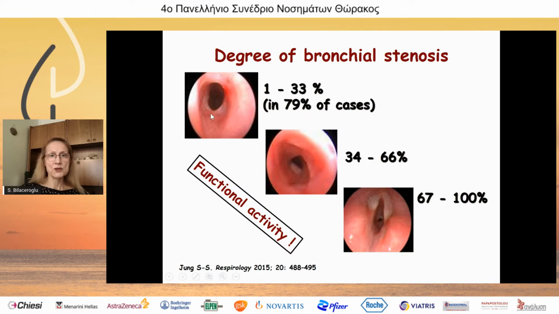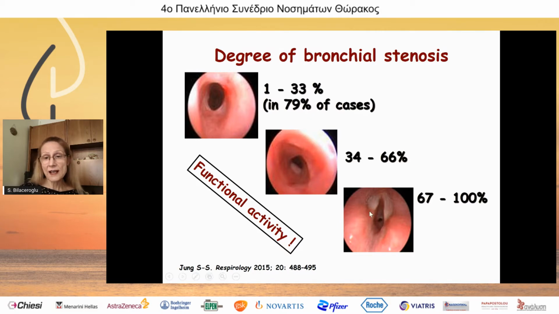But this patient with very mild stenosis, up to 33% of the lumen obstructed, and this occurs in most of the cases, if this patient is a sports person or living a very active life, this mildly stenotic patient may be more symptomatic regarding dyspnea than the moderately stenotic patient. So pay attention to the functional activity of the patient plus the degree of bronchial stenosis.